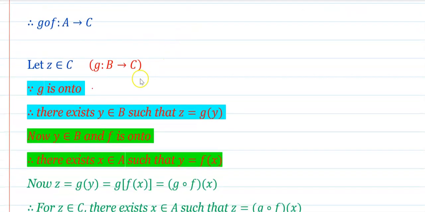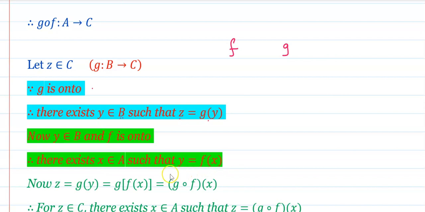How is g? It is onto. Here we start with g; first there will be f, then g, in this manner. Therefore, g is onto: there exists y in B such that z is equal to g of y. Now y belongs to B and f is onto, which means there exists x in A such that y is equal to f of x.